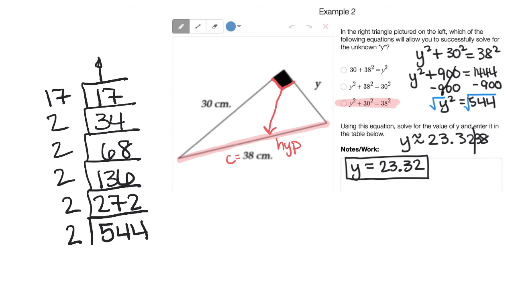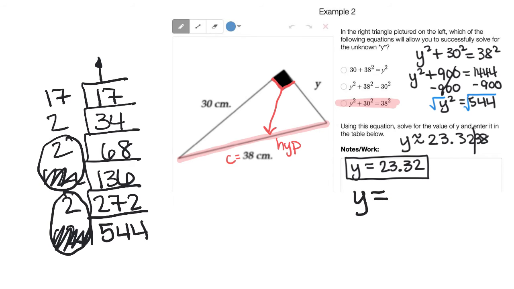Get that candle on top. And remember, then we just pair things off, and cross 1 from each pair out. So those are the only pairs I can make. So the best answer would be y equals 4 square root of 34. We had 2 times 2, and then a 2 and a 17 left.